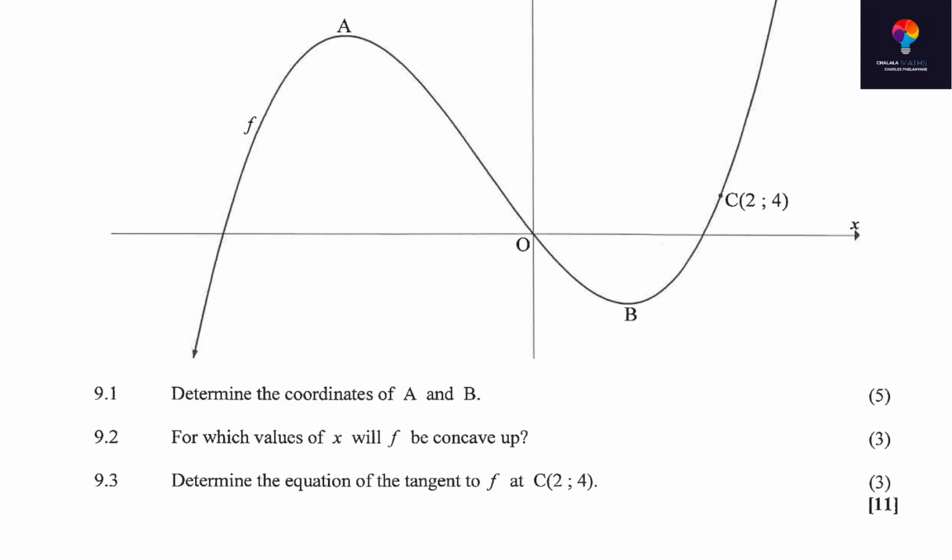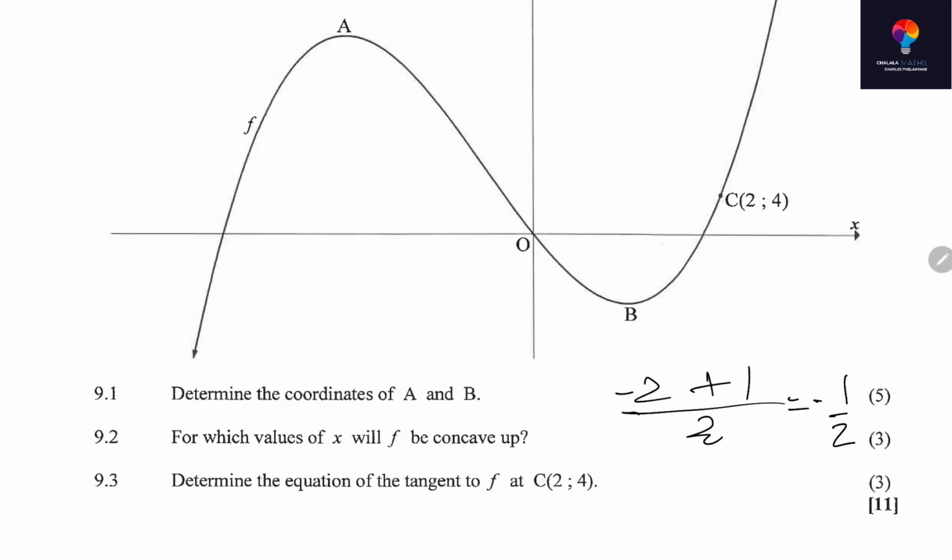The x coordinate of the turning point A is minus 2, and the x coordinate of the turning point B is plus 1. We divide by 2, then we're going to get minus half. So that is the point of inflection.